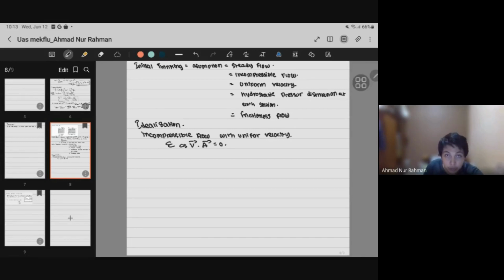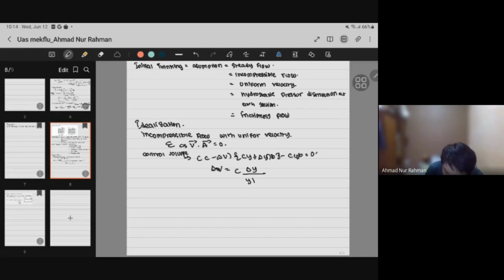Applying to the control volume, we get (c minus delta V)(y plus delta y)b minus c y b equals 0. So delta V equals c delta y over y plus delta y.